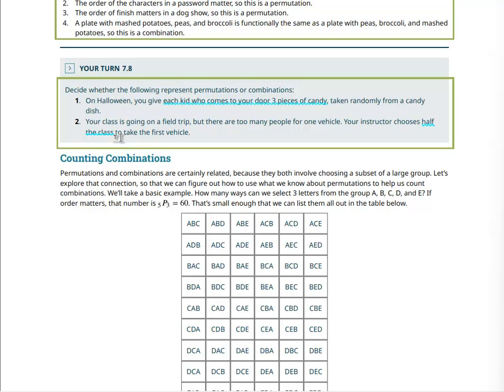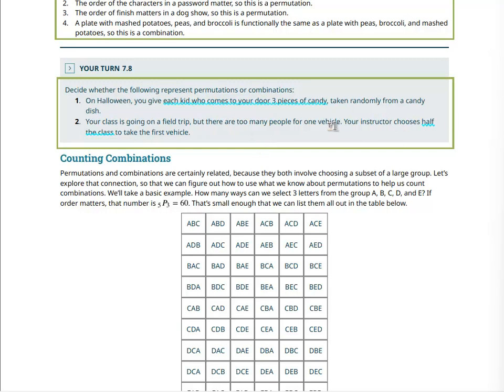And then they have other examples here. So on Halloween, as the kids are coming, they each get 3 pieces of candy. It doesn't matter in which order you give these 3 pieces of candy to the kid. It's the same. Maybe they want to decide later they want to eat this particular one after another, but that's up to them.